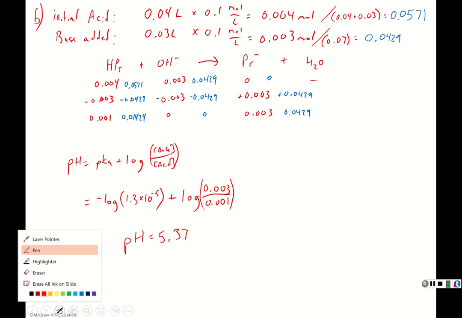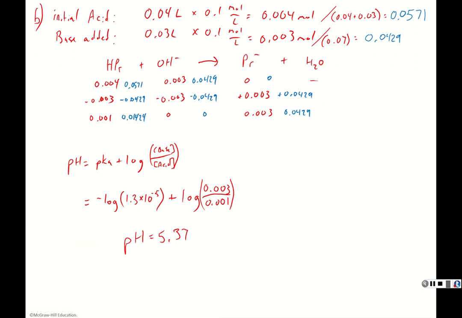And we can do that same thing with concentrations. If we plugged in the concentrations in that, it would still be the same Ka value, so negative log of 1.3 times 10 to the minus 5. But then we'd add log of our concentration of base, 0.0429, divided by concentration of acid, 0.01424.